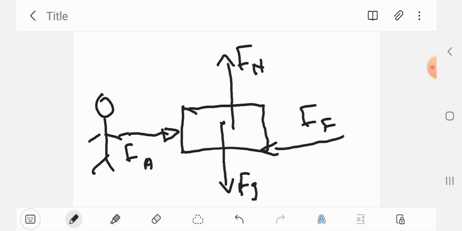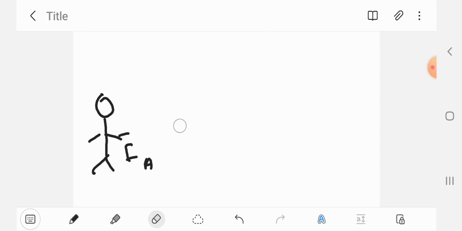When you're pushing something against a rough surface on the ground, there is frictional force trying to prevent the box from moving in the direction in which you want it to move. So you are moving it towards the right-hand side. The frictional force is trying to make sure that it doesn't go forward, that it goes back. So this is the free body diagram of a box that is sitting on a flat surface being pushed towards the right.